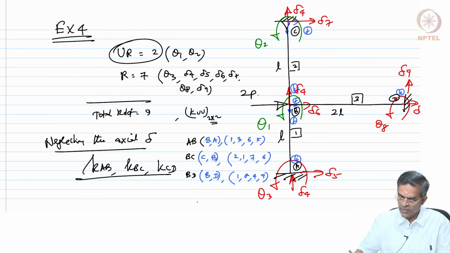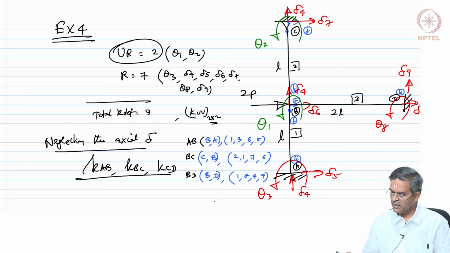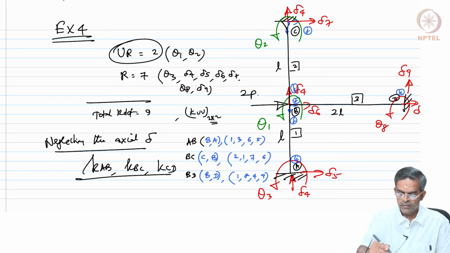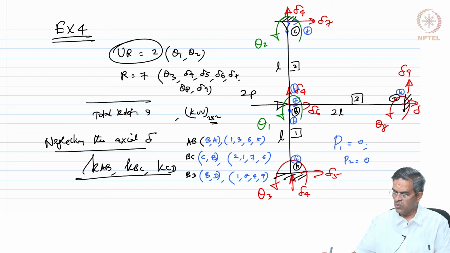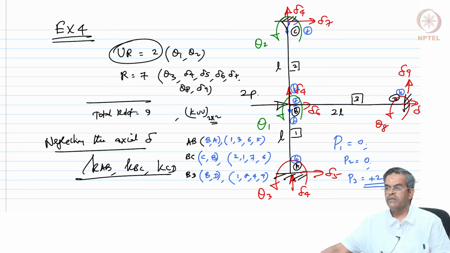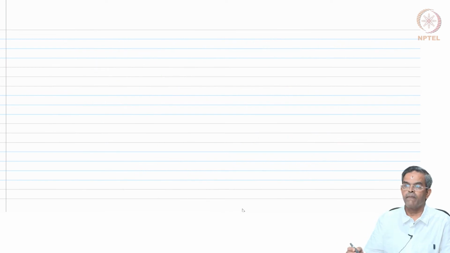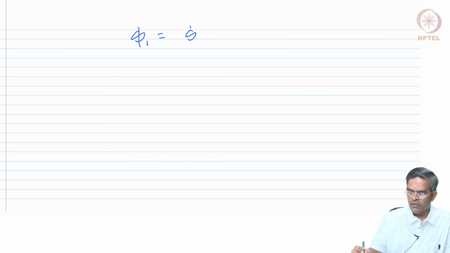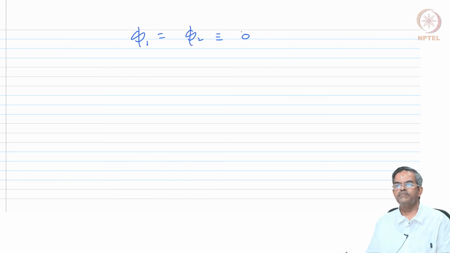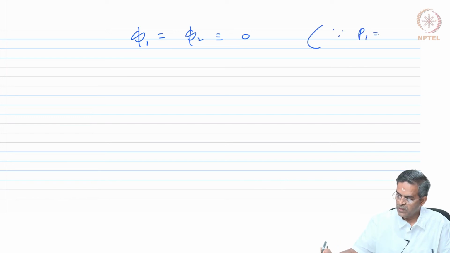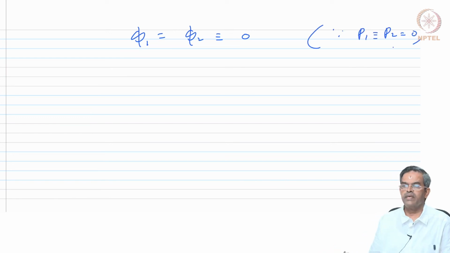Furthermore, friends, please see this figure. I should say the axial load on the member 1 is 0, the axial load for the member 2 is also 0, the axial load for member 3 is 2P compressive, am I right? So, by this logic, can I say phi 1 and phi 2 will be 0, because P1 and P2 are 0, am I right?